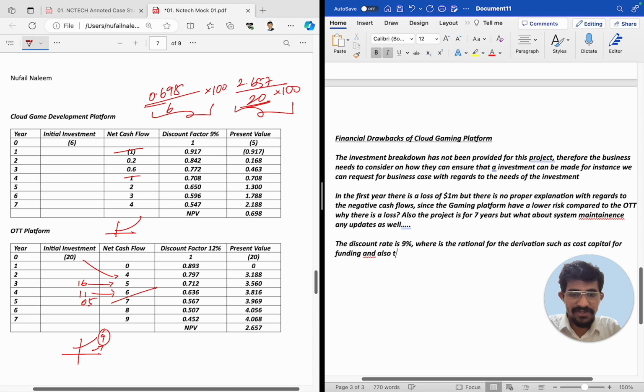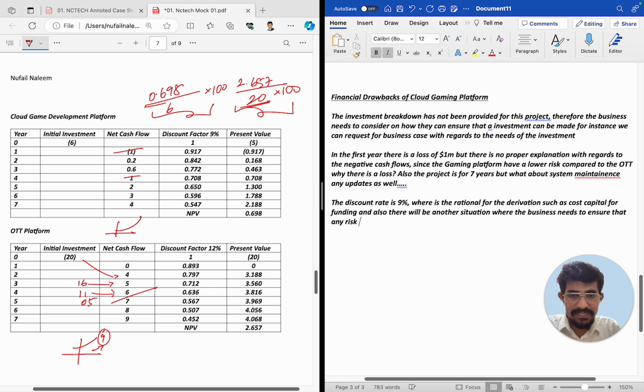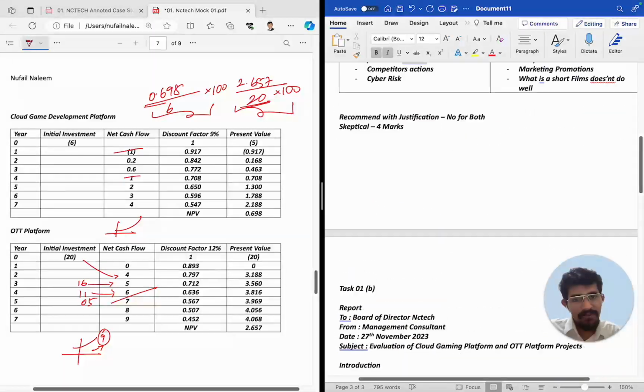And also there will be another situation where the business needs to ensure any risk adjustments, since this is diversified from the cloud service business. Now see, students, I am writing answers instead of just giving the observation. I am giving a rationale for each answer, just for your idea.